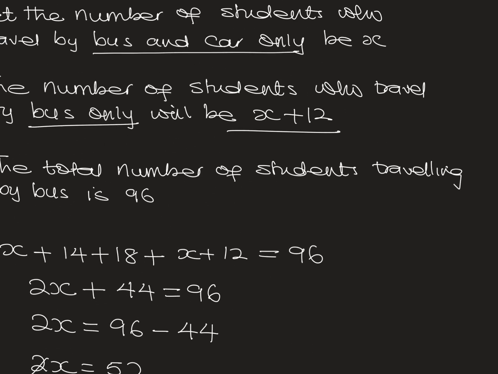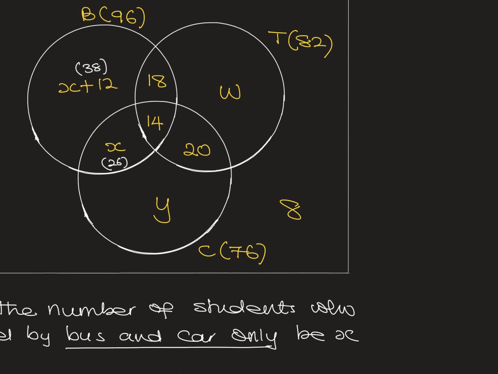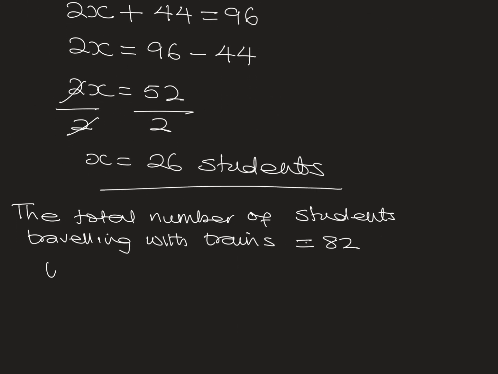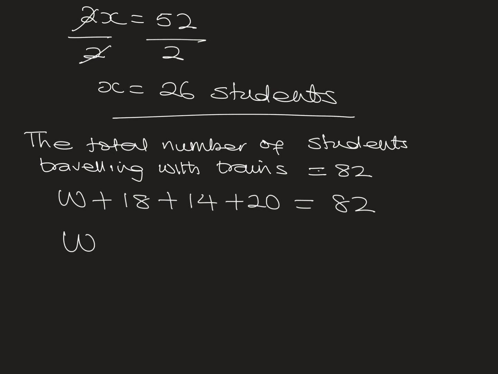So the equation we can form for that is W plus 18 plus 14 plus 20 is equal to 82. So that will be W plus 52, which is equal to 82.